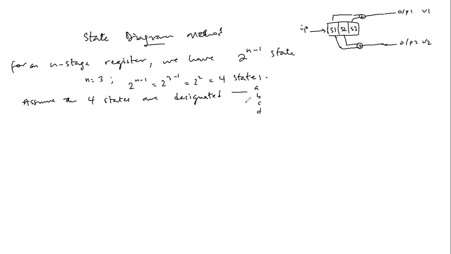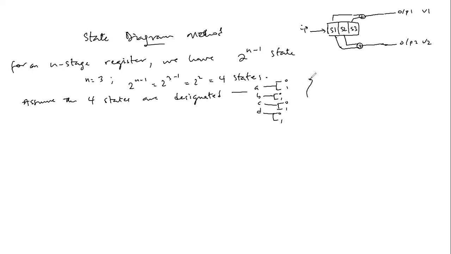Okay? And each state can emit 2 bits, 0, 1. Hence, each state has 2 possible outcomes.